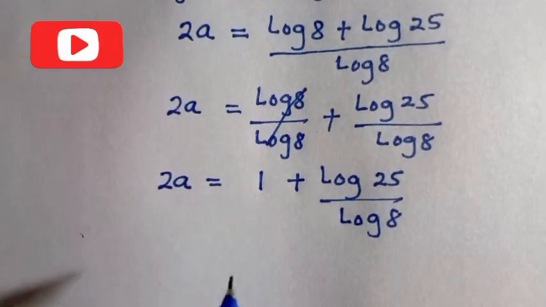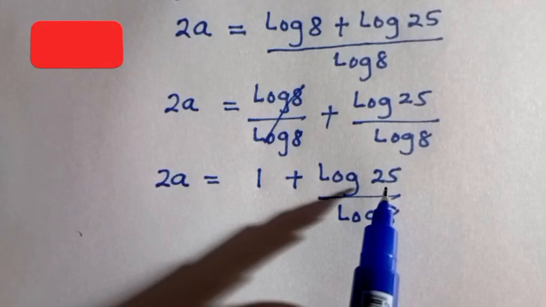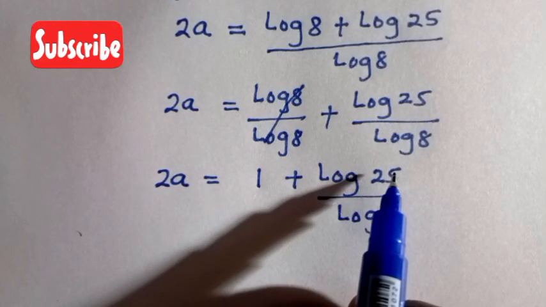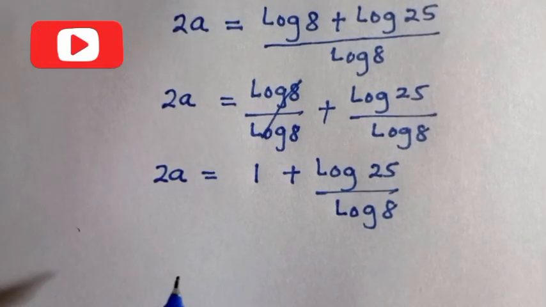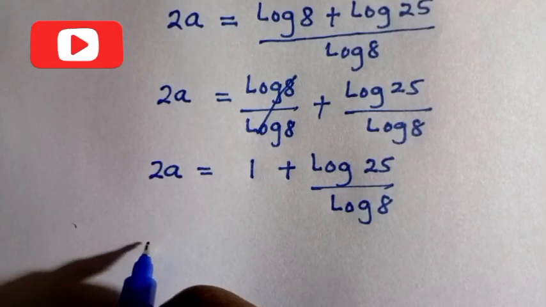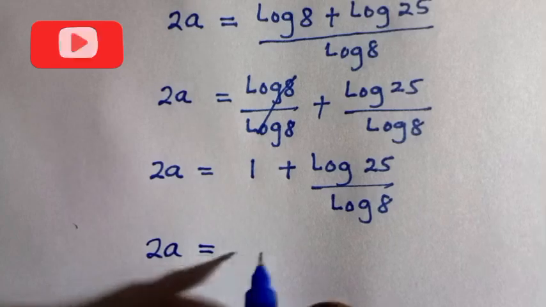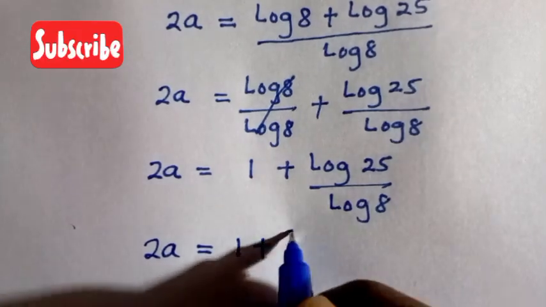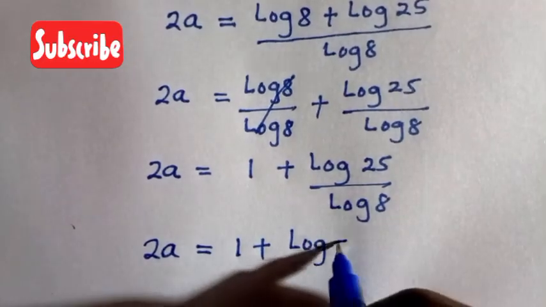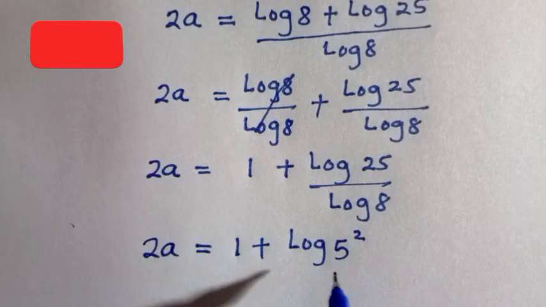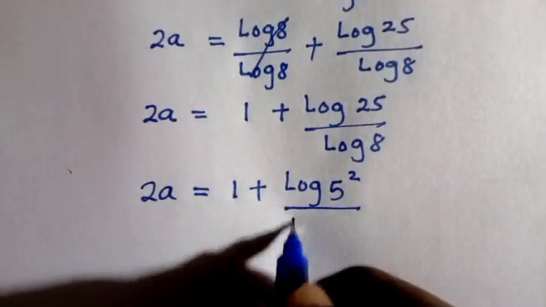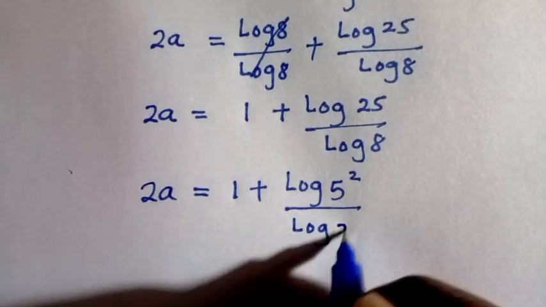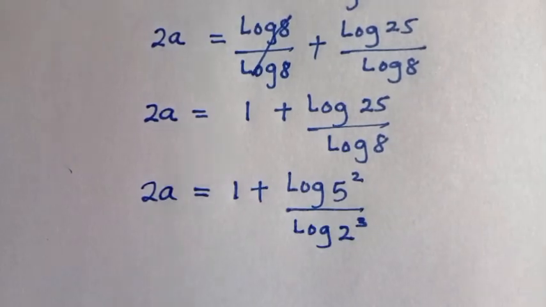For this 25 and 8, we can write 25 as 5 to the power 2 and 8 as 2 to the power of 3. So here we have 2a equals 1 plus log 5 to the power 2 divided by log 2 to the power 3.